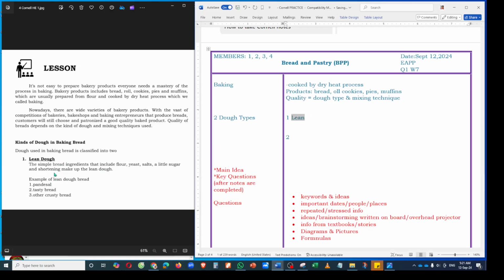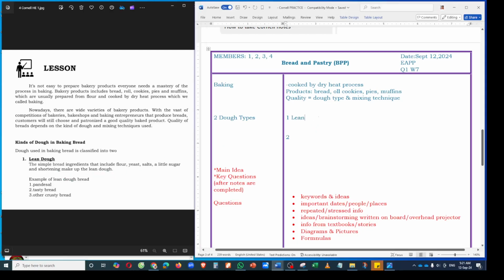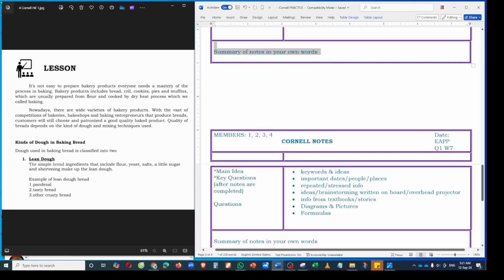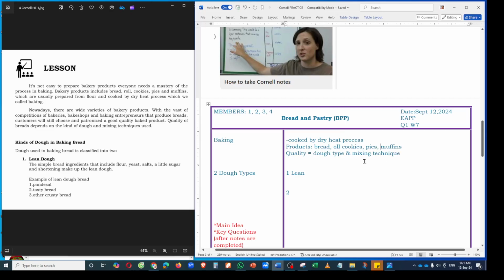Tapos mamaya yung isa. So sabi niya, lean dough, the simple bread ingredients that include flour, yeast, salt, a little sugar, and shortening make up the lean dough. So, ibig sabihin, ingredients ng lean dough. Ang lean dough may ingredients, isusulat mo, ing. You can always use shortcuts.